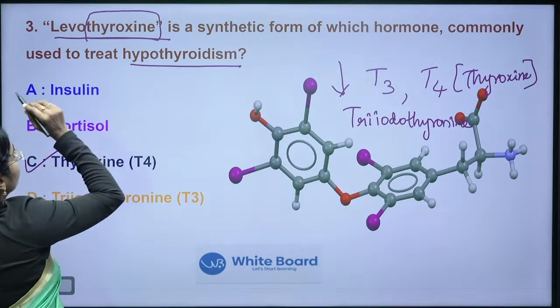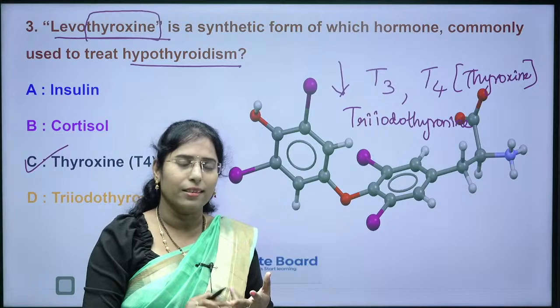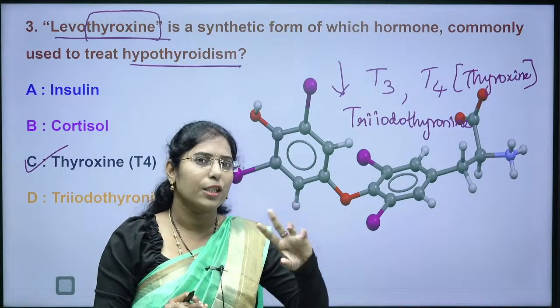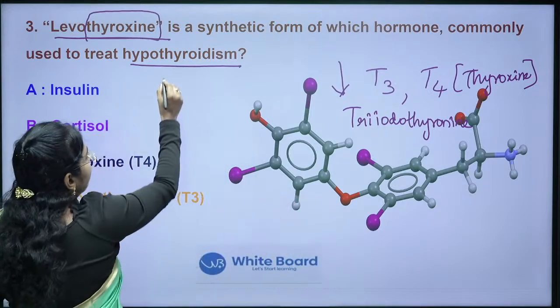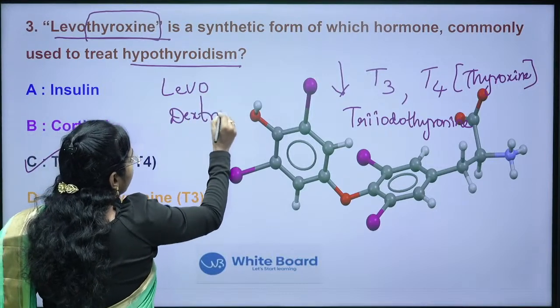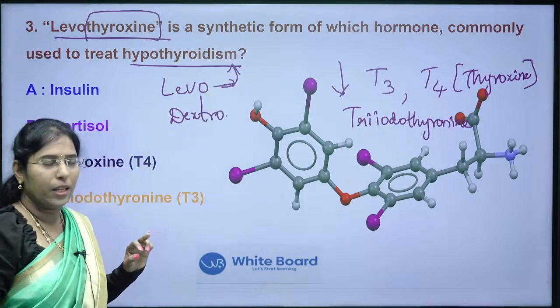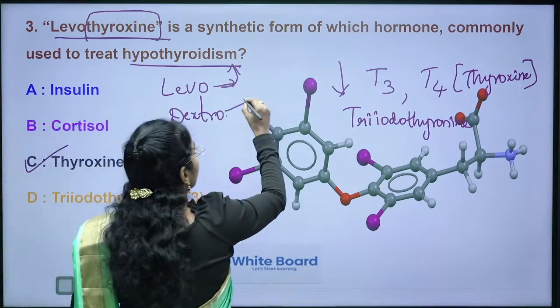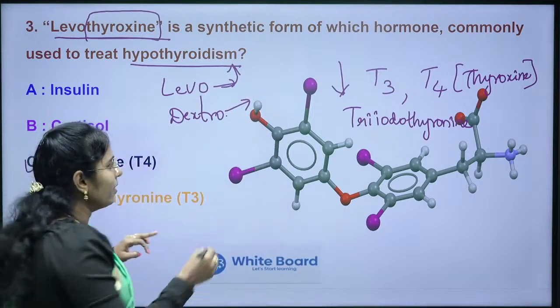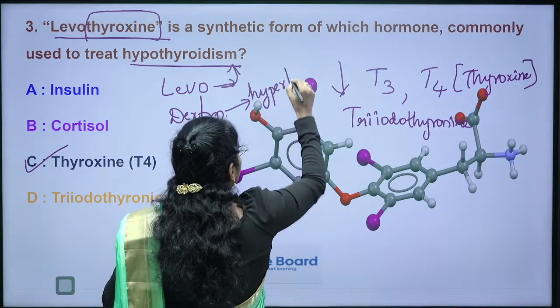And one more thing I want to tell you here about levothyroxine. Generally this thyroxine will exist in 2 forms: one is the levo form and the other one is the dextro form. The levo form is used for treating hypothyroidism, whereas the dextro form is used for treating hyperlipidemia or hypercholesteremia.